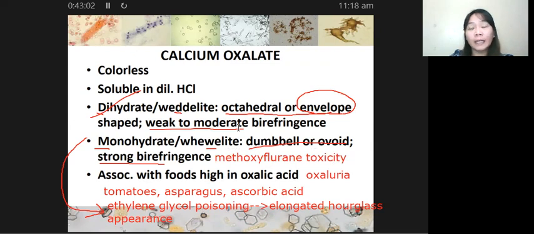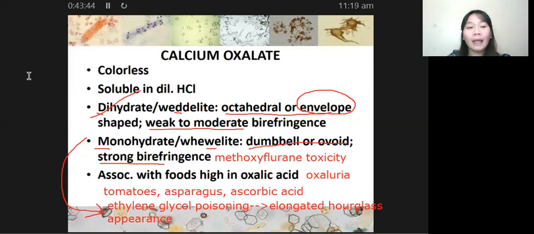Actually, between your monohydrate and your dihydrate, ang nako-correlate natin sa presence of disease states or pathologic conditions ay yung ating monohydrates. For example, meron siya sa methoxyflurane toxicity, meron siya sa ethylene glycol poisoning, meron din siya sa severe chronic renal disease. Siya yung mas nakakatakot na makita natin under the microscope as compared to your dihydrate, kasi usually sa dihydrate, oxaluria lang yan.